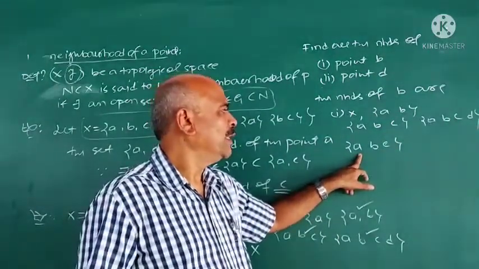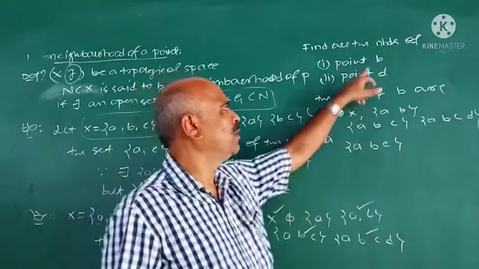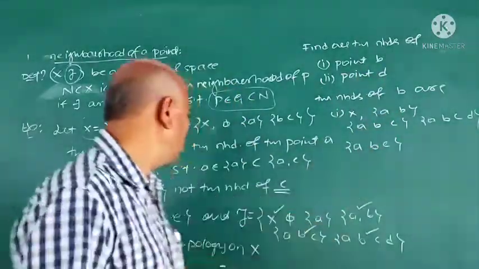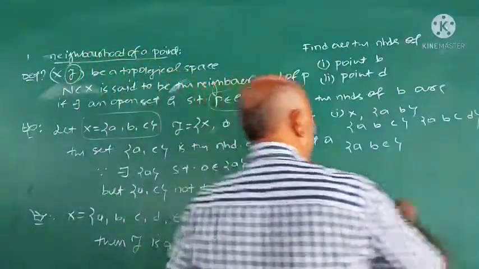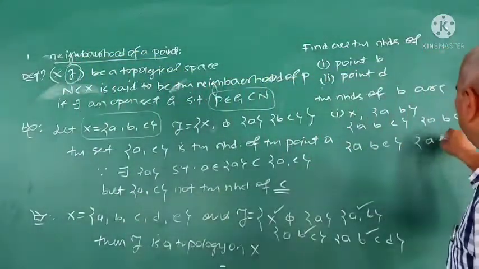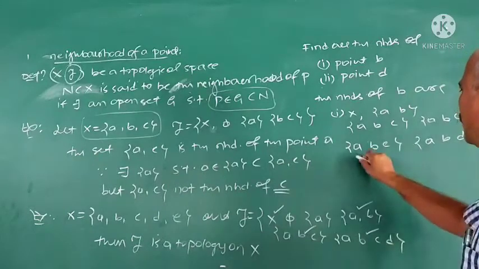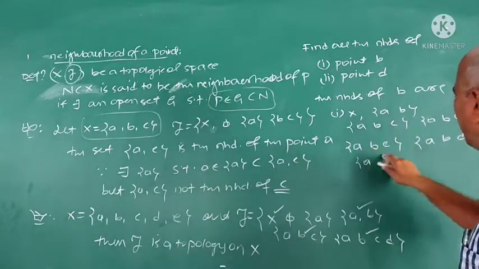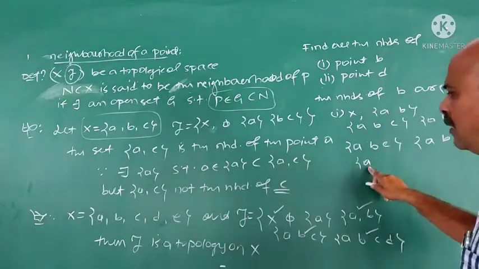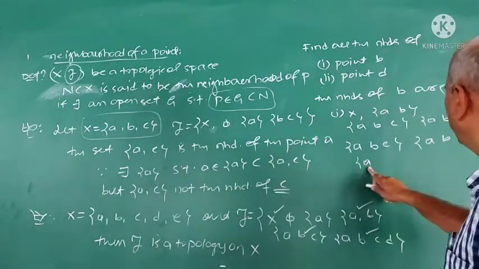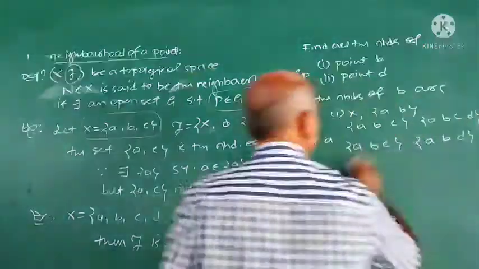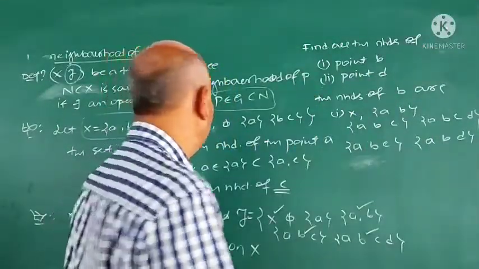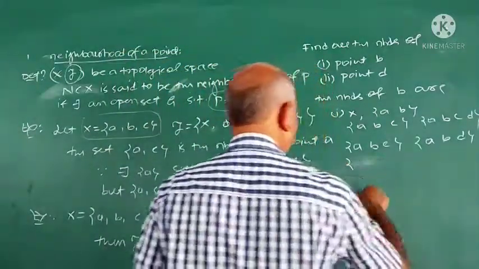Because there exists an open set containing B, that is AB, which is contained in ABE. Therefore, ABE is a neighborhood of point B. Next I take ABD. ABC is already there, ABE, ABD, and yes, these are the neighborhoods of the point B. Next is ABCE.